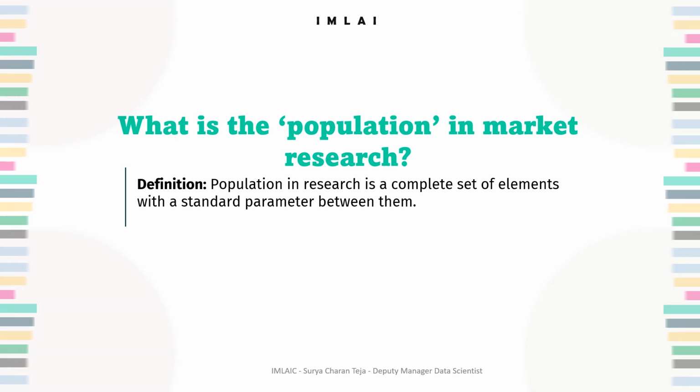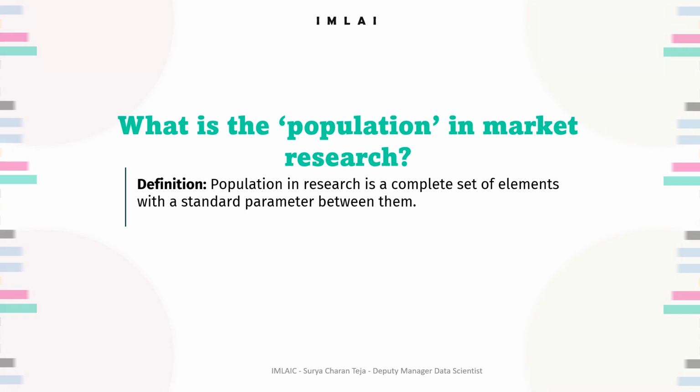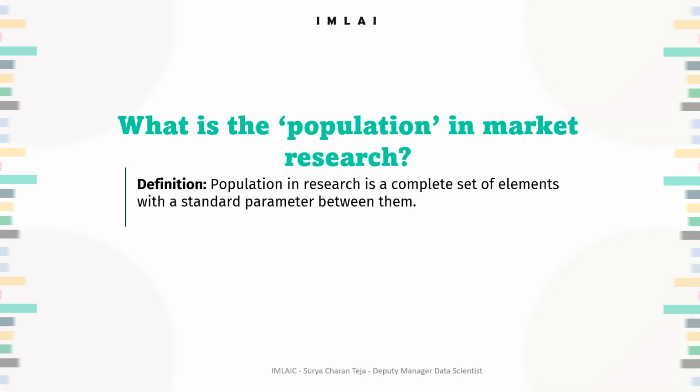For example, if a researcher is interested in studying the average height of adults in a particular city, then the population would be all adults living in that city. If the researcher is interested in studying the percentage of college students who own a car, then the population would be all college students.